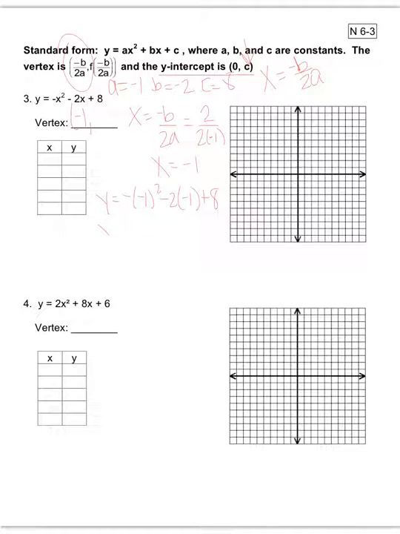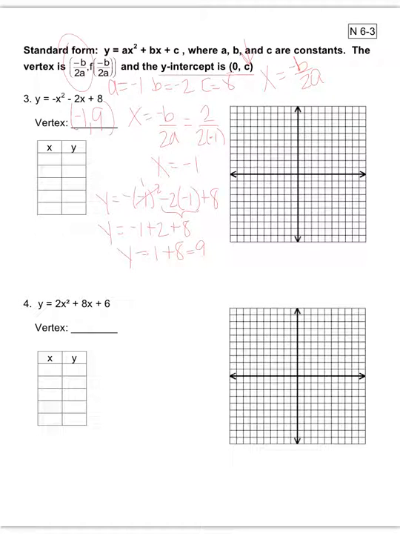Okay, so order of operations, we need to get rid of our exponent, so that would be positive 1, but we have a negative in front. Multiplying these two would get positive 2. So that would be 1 plus 8, which would give you 9.